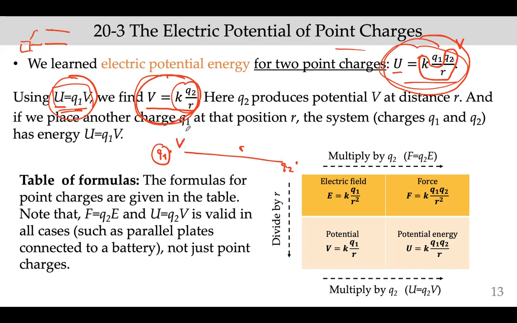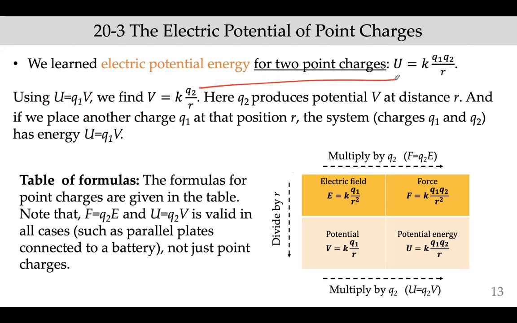The potential created by the point charge Q2 is K Q2 divided by R. If you want to compare potential energy and potential, the difference is both have R in the denominator, but potential has only Q2, while potential energy has both charges.